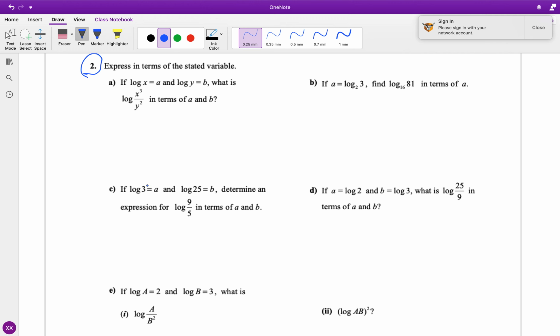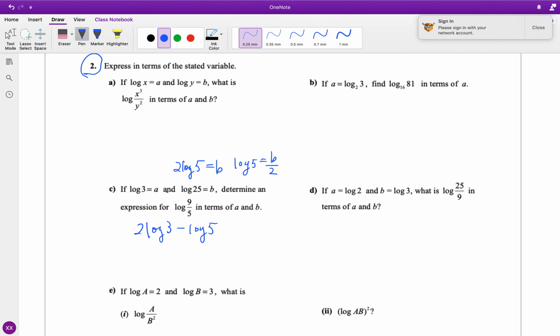Log 9 and log 3, then you will think, okay, I could know what log 9 is by A. Now log 25 we could change into 2 log 5, and so that equals B. Therefore log 5 equals B over 2.